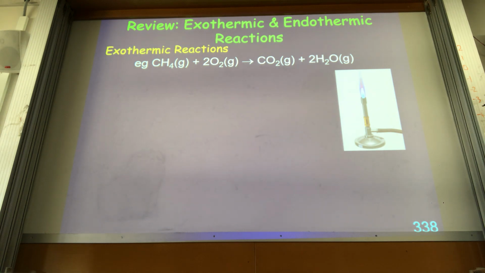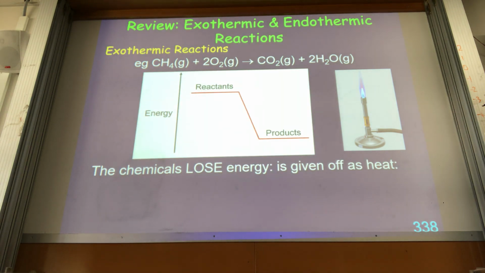So we looked at exothermic and endothermic reactions earlier, and combustion reactions are of course exothermic reactions. They release heat energy into the environment. So the chemicals start off with more chemical energy than they end up with, because the chemicals lose energy to get from the starting point to the ending point.